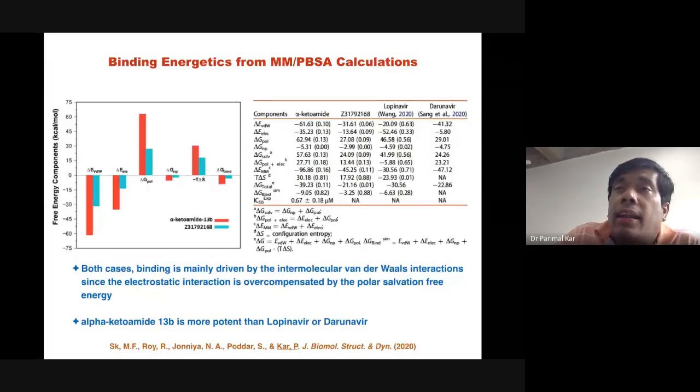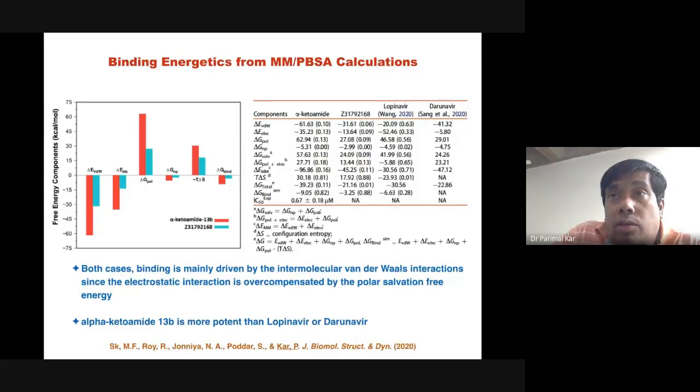We go ahead and decompose the binding free energy into various components: van der Waals, electrostatic, polar, non-polar solvation, and we have shown it here. If you look at the first bar, you can see that the red one is much more negative than the cyan color, so that is more favorable in the case of alpha ketoamide. Similarly, the electrostatic is also more favorable in the case of alpha ketoamide.